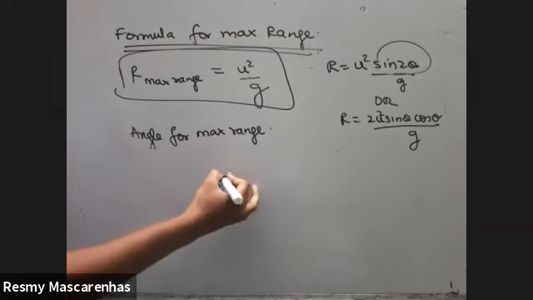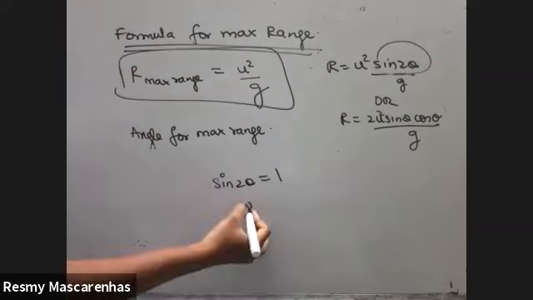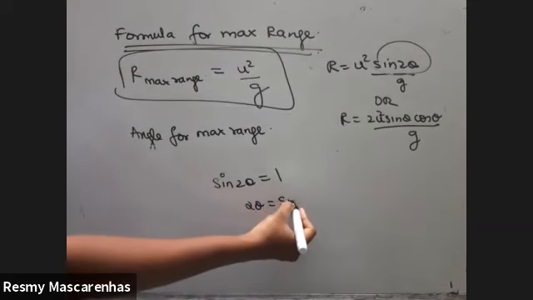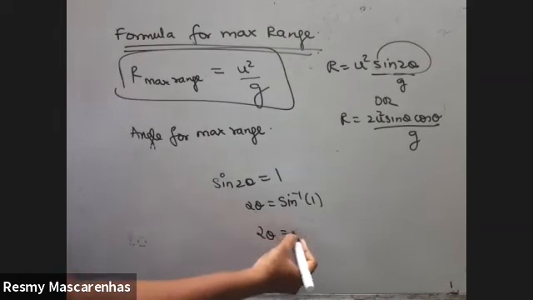So for maximum range, the condition is sin 2 theta should be equal to 1. So 2 theta will be equal to sin inverse of 1. Sin of which angle will give me 1? 90 degrees.